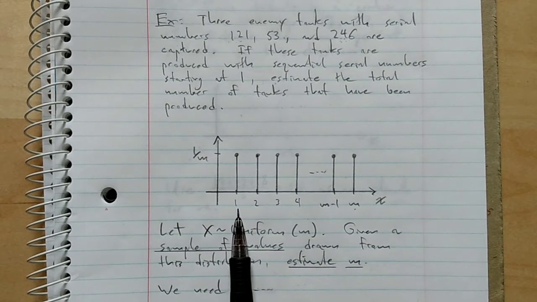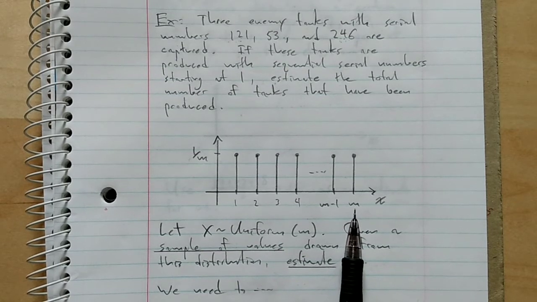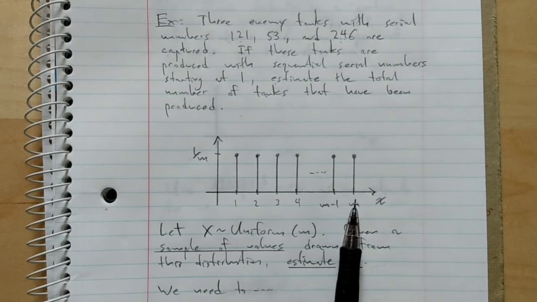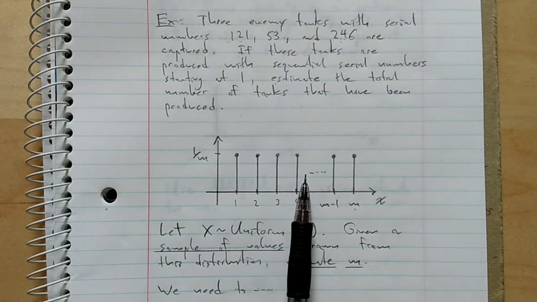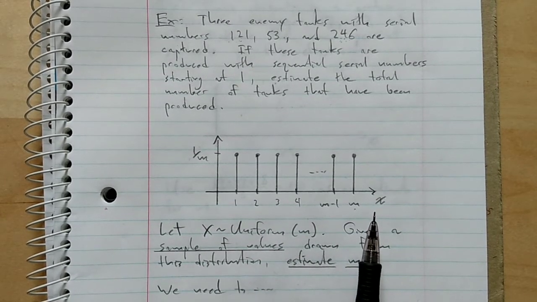I could get the tank with serial number 1, I could get the tank with serial number 2, and so on, up to the tank with serial number M. I'm going to let M be the biggest serial number, the tank that has most recently been produced. All of these occur with equal probability because there's 1 tank with each possible serial number, and if I'm randomly selecting a tank, I'm equally likely to get any of the tanks.